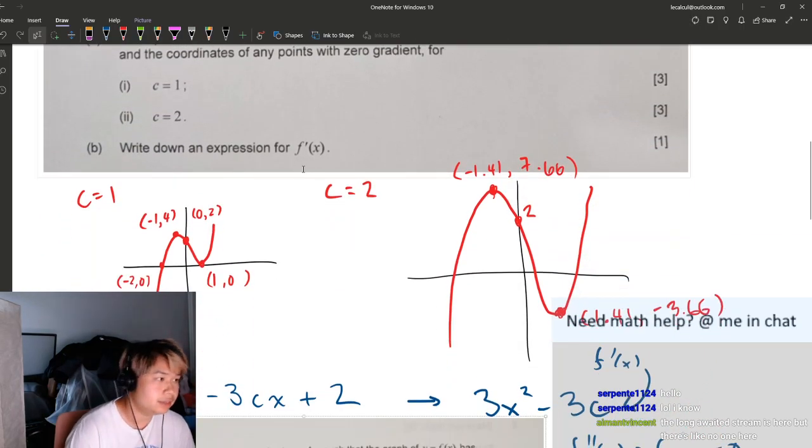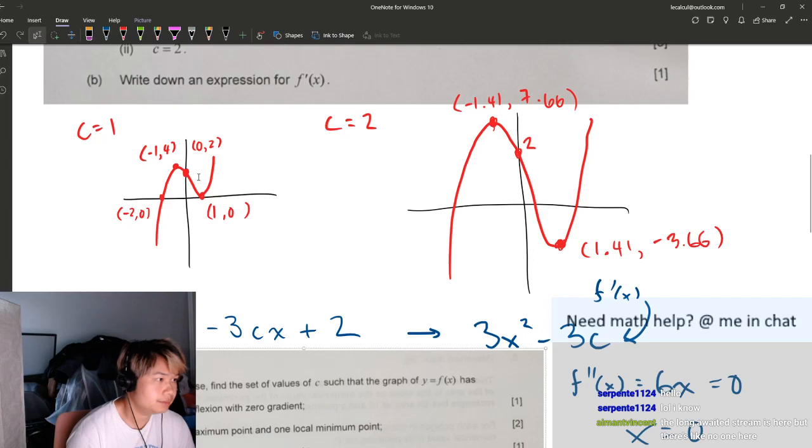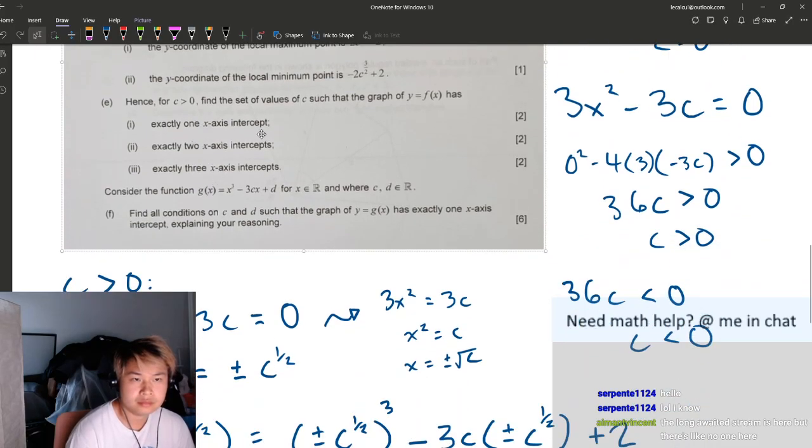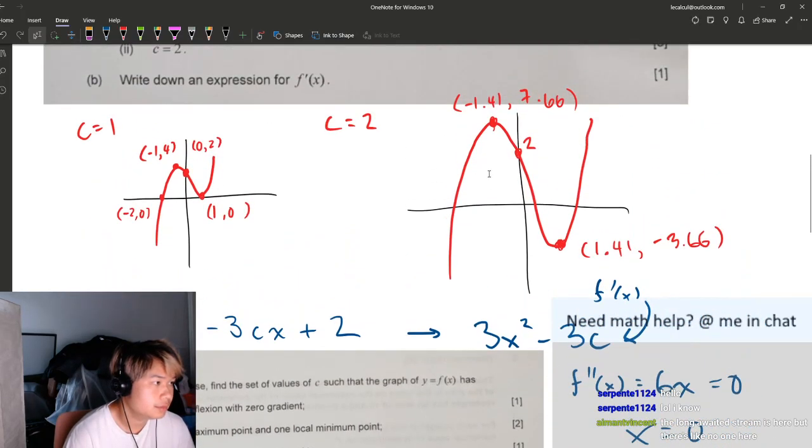So as you can see from this graph, when c is 1, you're going to have exactly 2 x-intercepts. If c is going to be larger than 2, you're going to have 3, 1, 2, and then 3.